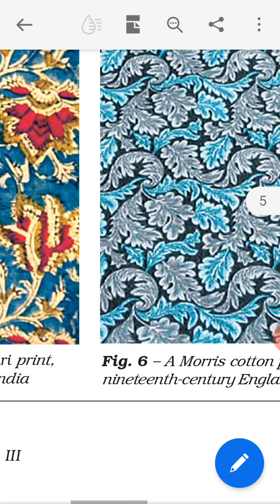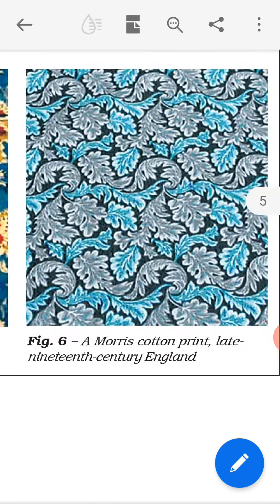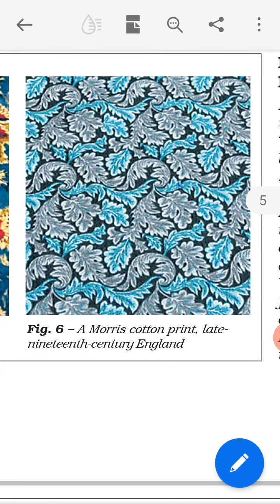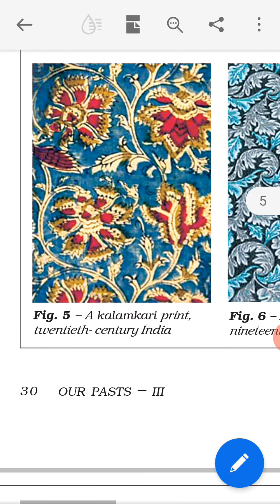Now another figure, this one. See carefully. Figure number 6, a Morris cotton print, late 19th century England. Now this print, figure number 6, from England, and this one from our country, India.